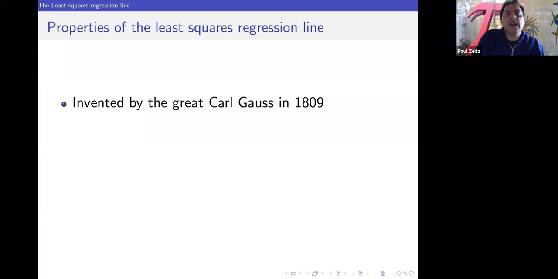And Gauss invented it. Gauss was one of the first inventors of statistics. The normal distribution is also called the Gaussian distribution, and for good reason. And Gauss was investigating the motion of asteroids. The asteroid Ceres had just been discovered with telescope observations, and it was very hard to see, and it got lost.